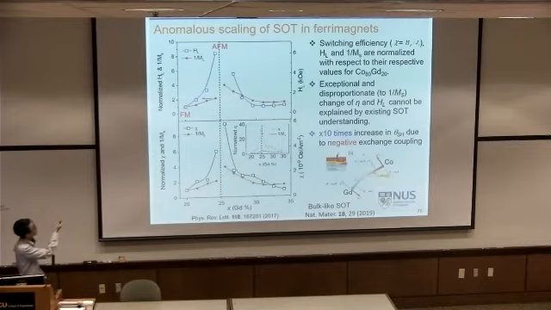Once we measure the effective SOT field, we see about 8 times enhancement. In the switching experiment, we see the switching efficiency increase about 9 times. So basically, we see about a 10 times change in the effective spin-orbit angle once we move from the ferromagnetic to the antiferromagnetic coupling regime.